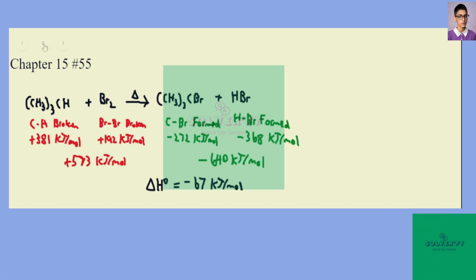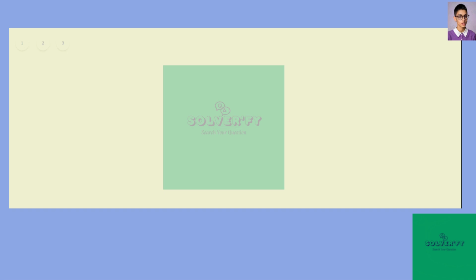All right, so that's part A. For part B, we are asked to draw a stepwise mechanism for the reaction, including all the steps. This is a free radical process, and so we're going to start with an initiation step. That's what the I is for, I for initiation.